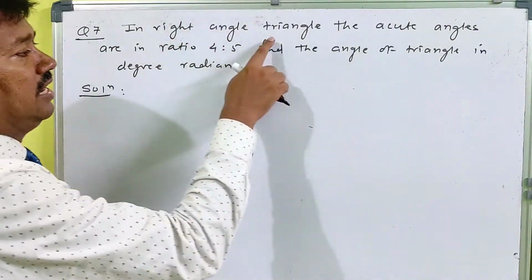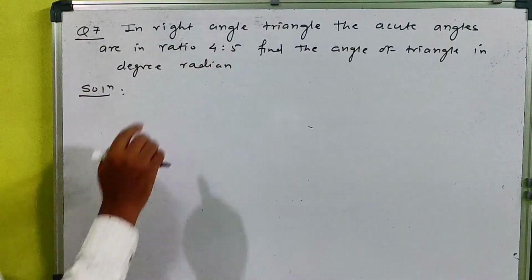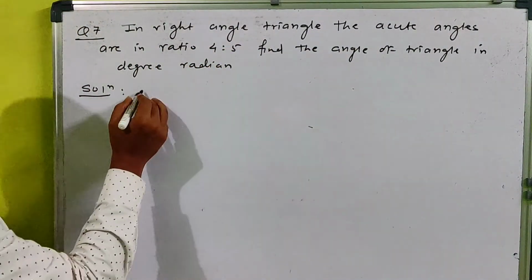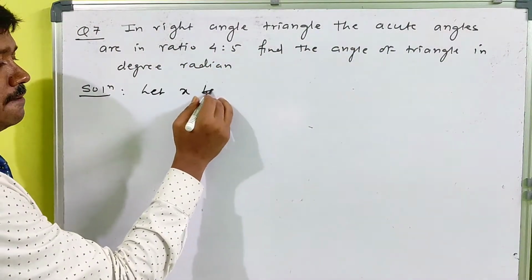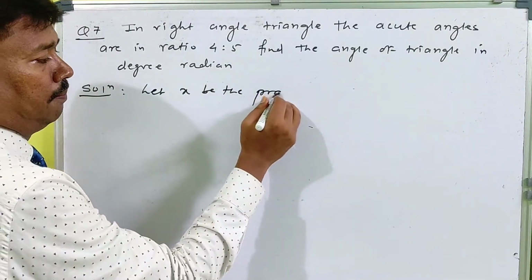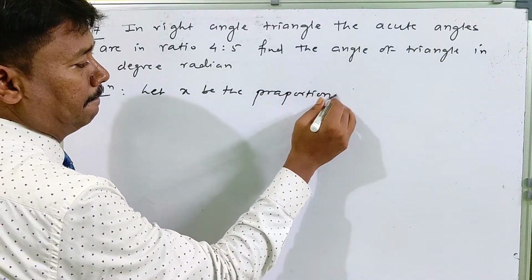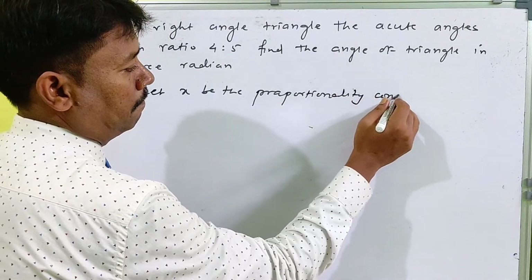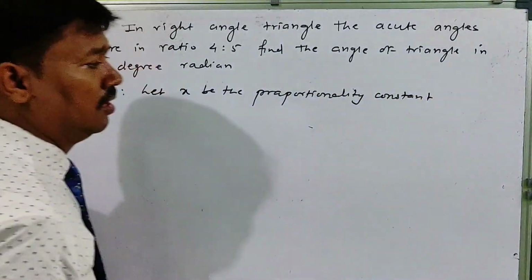In a right angle triangle, the acute angles are in the ratio 4:5. So let x be the proportionality constant.